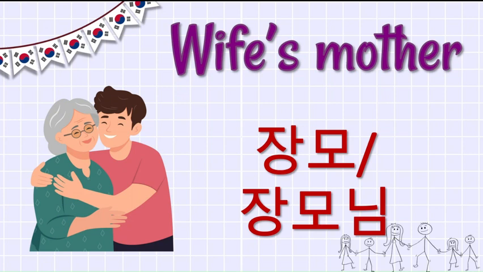So you must have noticed that in the previous 4 family terms that we have seen so far, that is the Korean word for husband's father, husband's mother, wife's father, and wife's mother, there are 2 ways to say the same term. Okay, why is that?